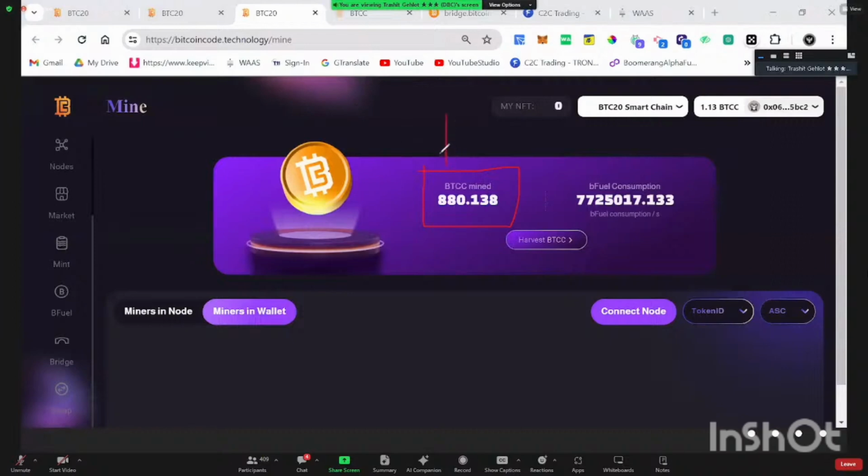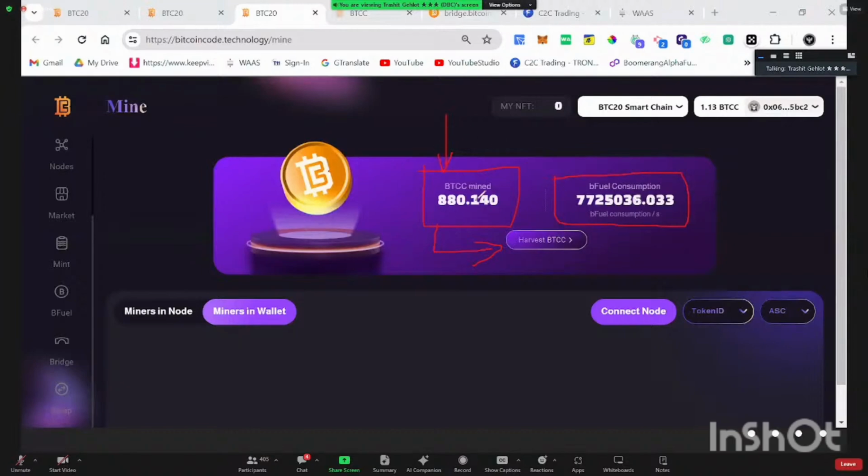This is your asset. This is available on your MetaMask wallet, on your mining dApp. This is yours. But to transact on it, to use it, to transfer it, you require this BTCC to be harvested. And for this harvesting, you need to pay fees that is determined by the B fuel consumption rate of your NFTs.